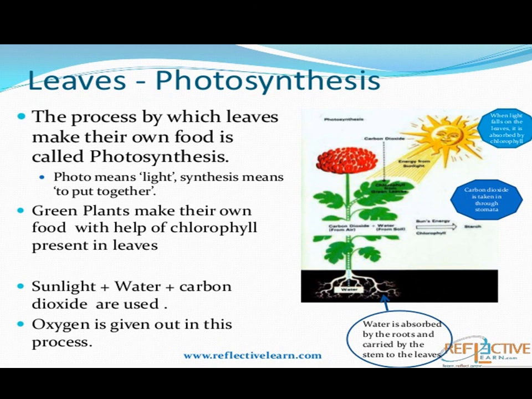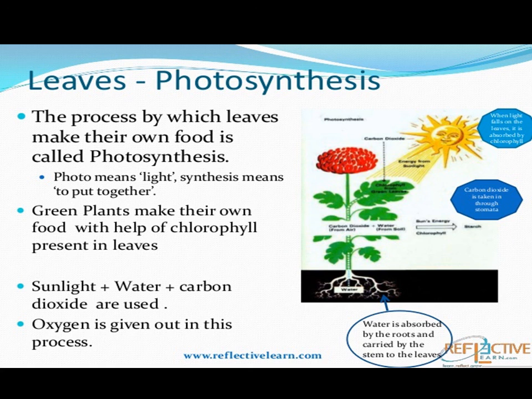Next, leaves. Now, what do leaves do? Leaves carry out photosynthesis. I told you that chlorophyll helps in the formation of food, and the process of making food by the plant is known as photosynthesis. So children, the process by which leaves make their own food is called photosynthesis.